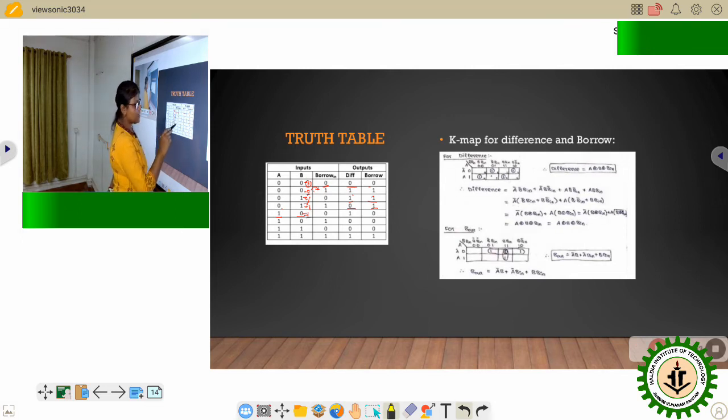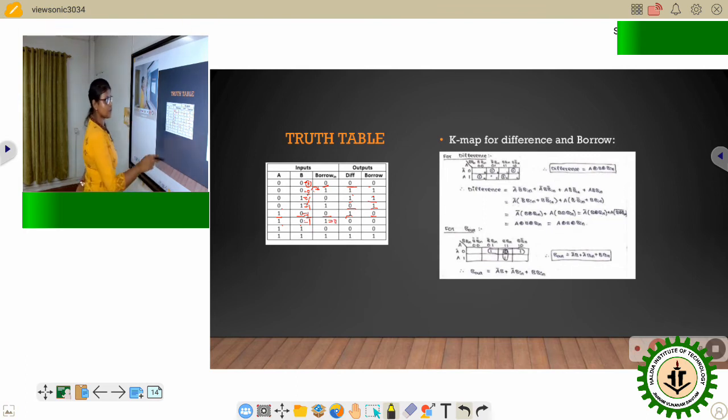Now in the case of 1 and 0, the difference will be 1. And 1 minus 1 is equal to 0, so there is no borrow; the borrow will be 0 and the difference will be 0.